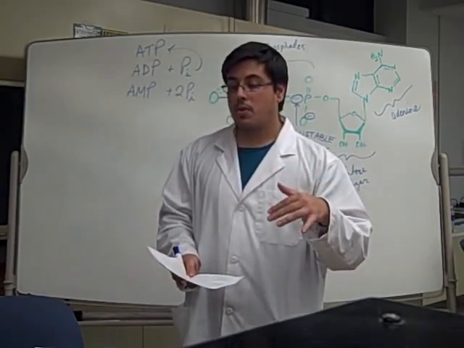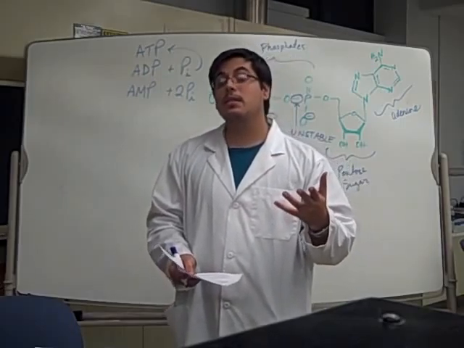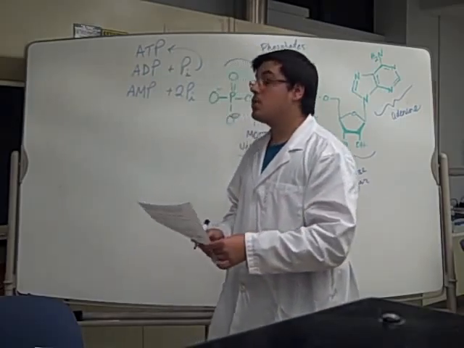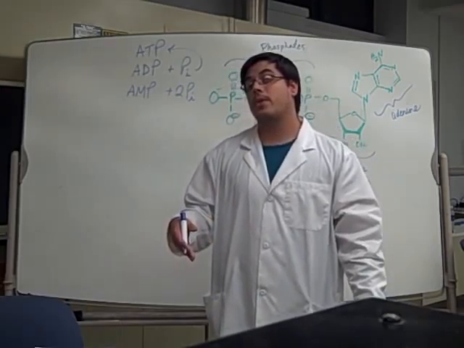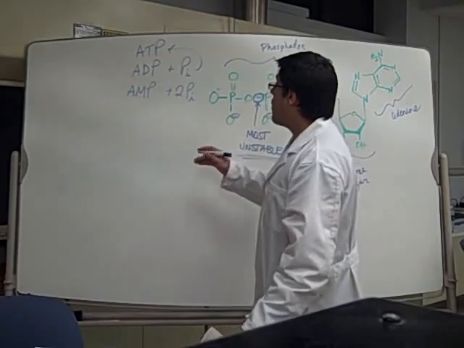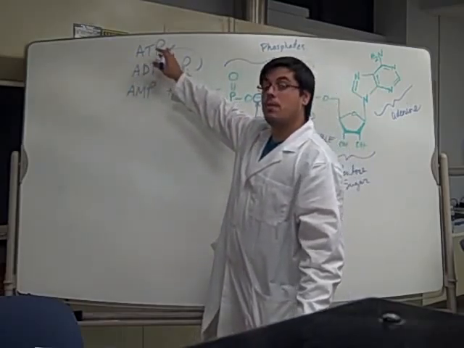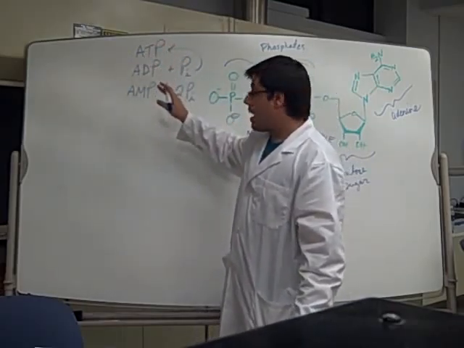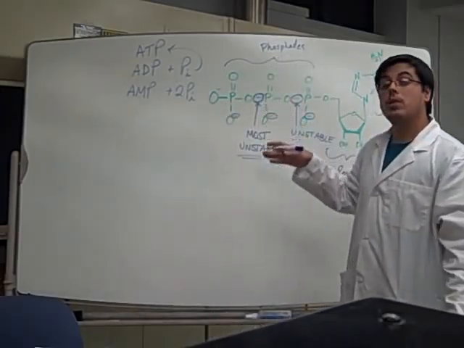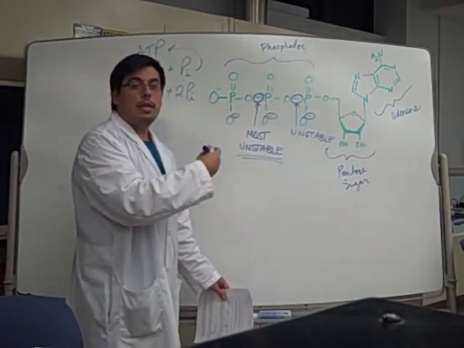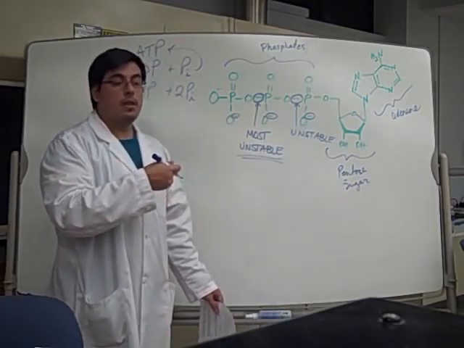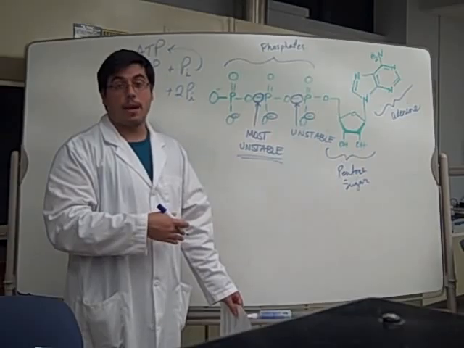Now, overall, though, the process is exergonic because of the majority of the little endergonic reactions that occur in the cell, you have more energy being released through the use of the ATP molecule and the breaking of these bonds between the phosphate groups. You have a greater amount of energy released there than you require with the endergonic reactions.